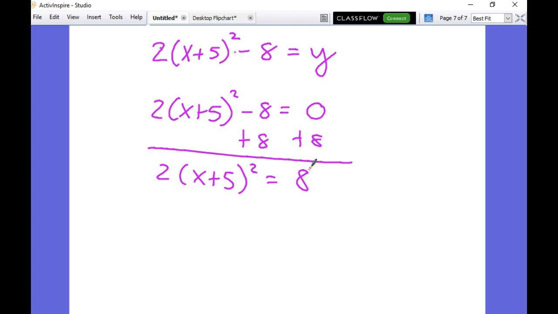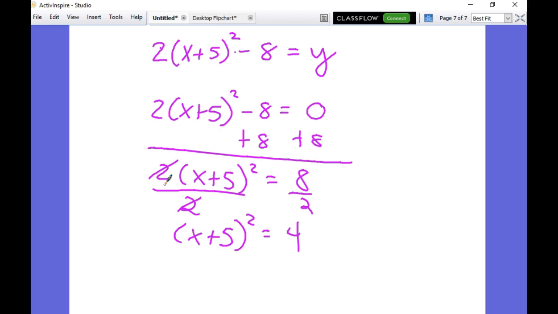Yeah. You divide both sides by 2. Okay, next step. Just so you guys know, sometimes there won't be a number here in the front, and so you just skip the dividing step if that happens.